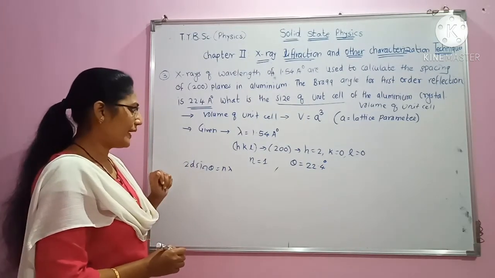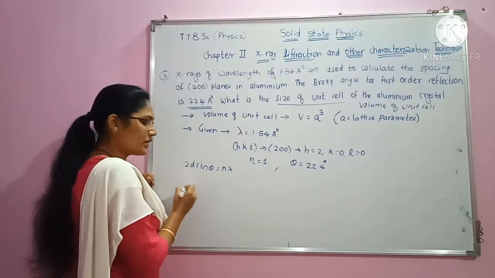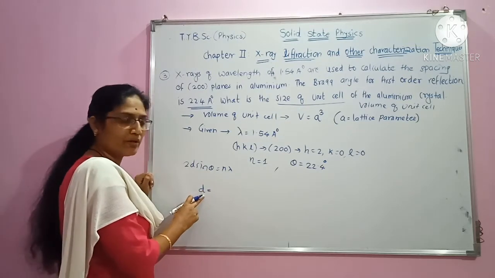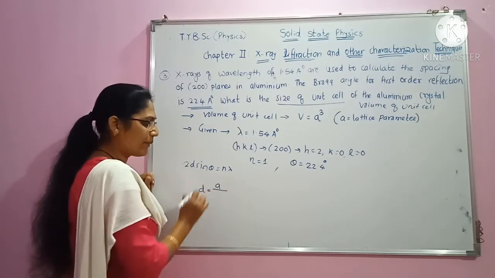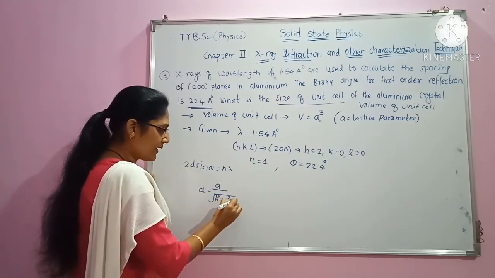So how do we find a? We know there is one more formula from the first chapter, which gives the relation between interplanar distance and lattice parameter a, and there we have to use these HKL planes.